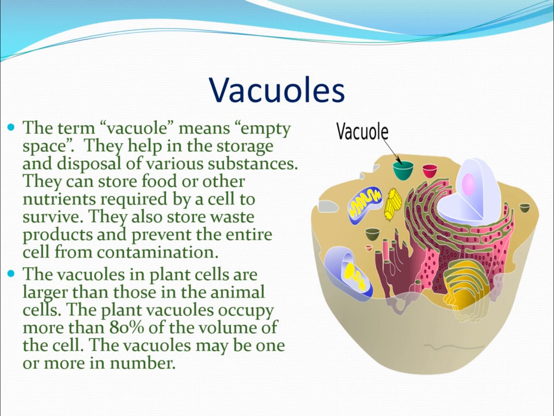Not necessarily will there be one vacuole; there may be more in the cell. This is the structure of the vacuole, which is mentioned in this image. Hope you have understood vacuoles, what the structure of the vacuole is and how much of a plant cell it covers.